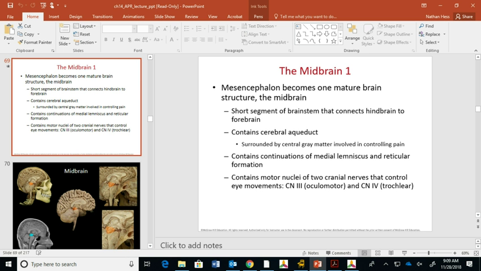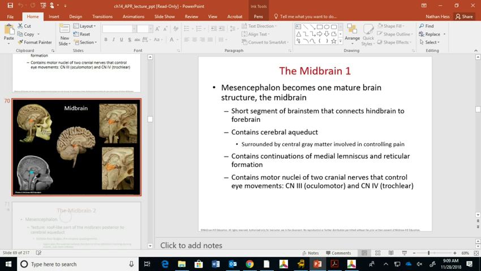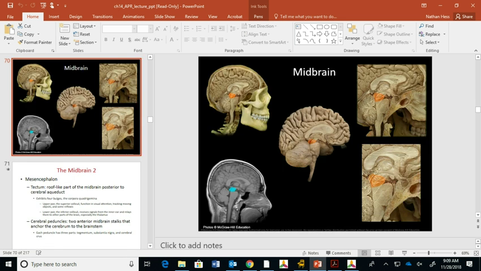There are a couple of the motor nuclei for the nerves that control your eye movements, cranial nerve 3 and cranial nerve 4, that are contained there in the midbrain. Here are pictures. So you can see the very top part of this brain stem.